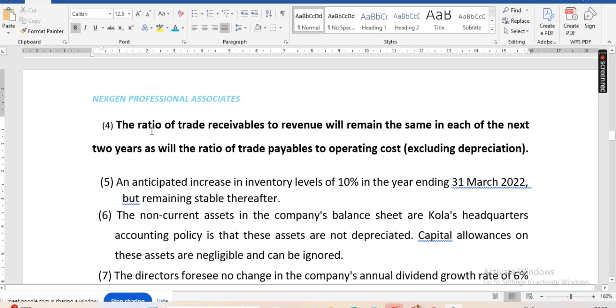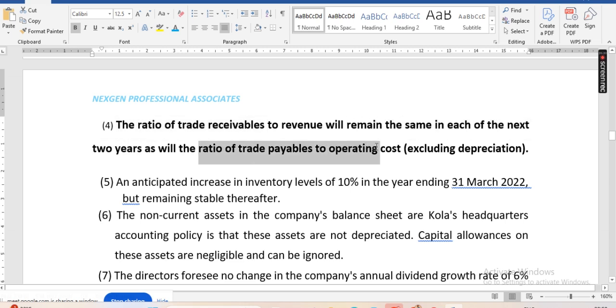The first one is the ratio of trade receivable to revenue, which means that your percentage of revenue will equal the percentage you will use for your trade receivable. If the revenue is increasing by 8% in a year, your trade receivable will also increase by that percentage.